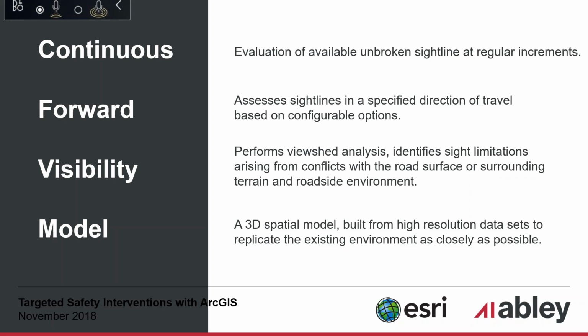So we perform viewshed analyses that identify site limitations arising from conflicts with the road surface or the surrounding terrain and roadside environment. And it's a 3D spatial model built from high-resolution data sets to replicate the existing environment as closely as possible.